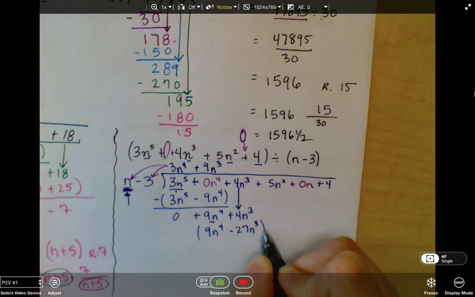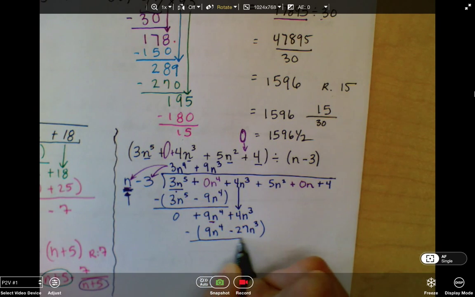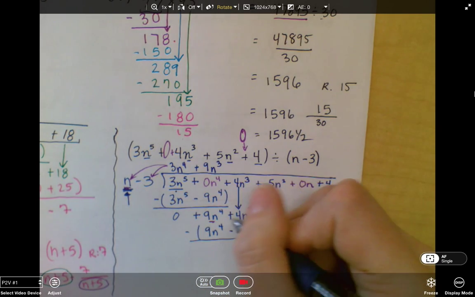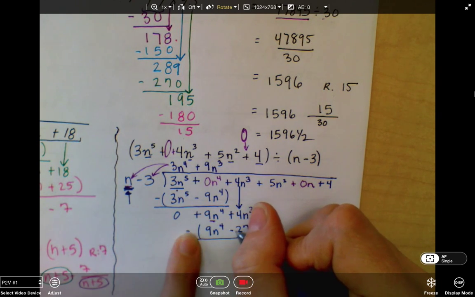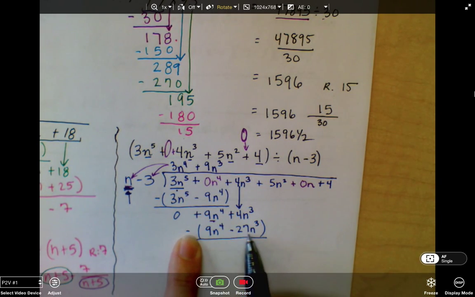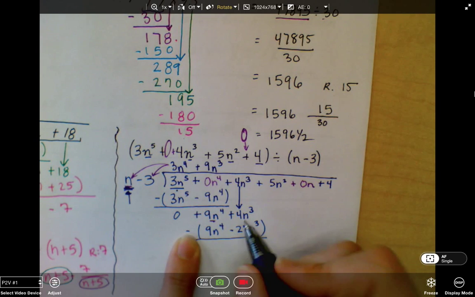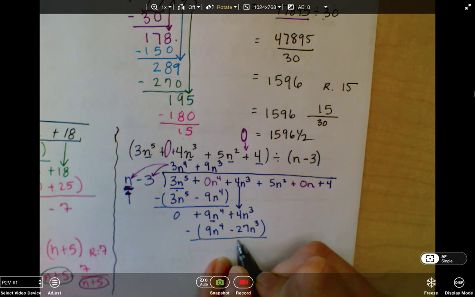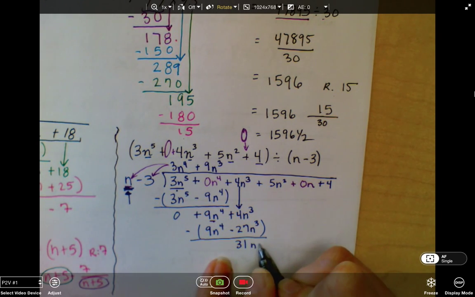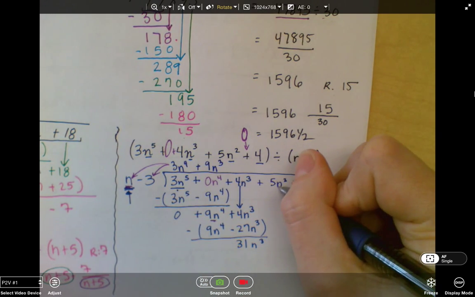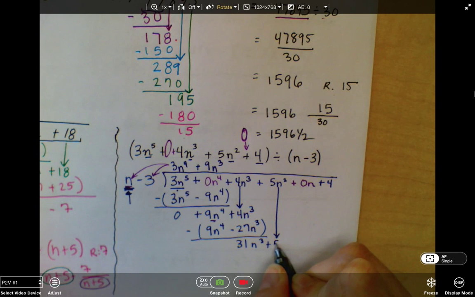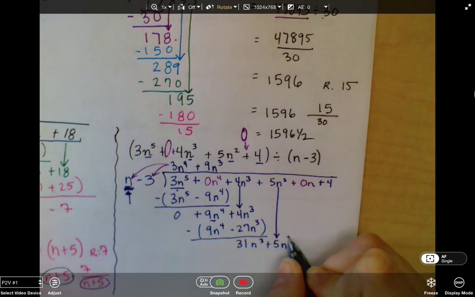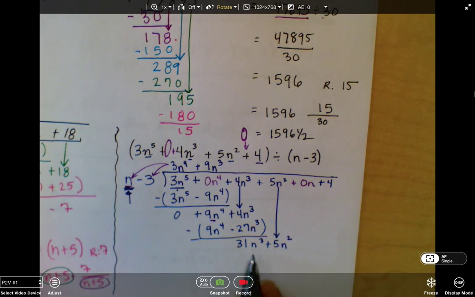This looks like it's going to get pretty ugly pretty fast, but that's okay. Subtract, that makes 0. I minus negative 27. That's going to give me plus 27, and 4 is 31n cubed. And then you drop this number down, plus 5n squared.